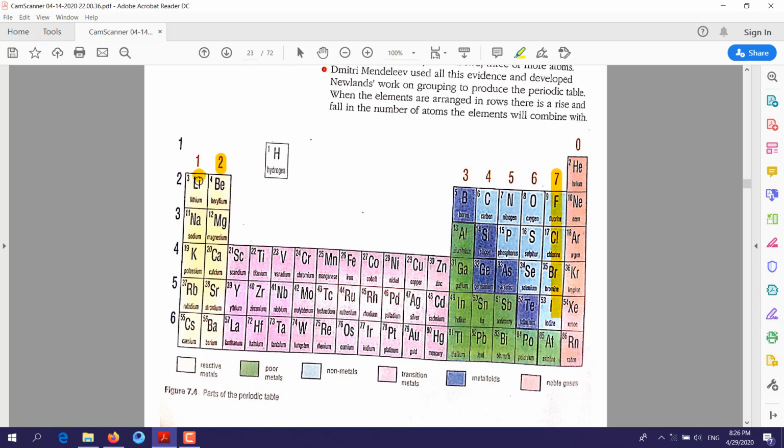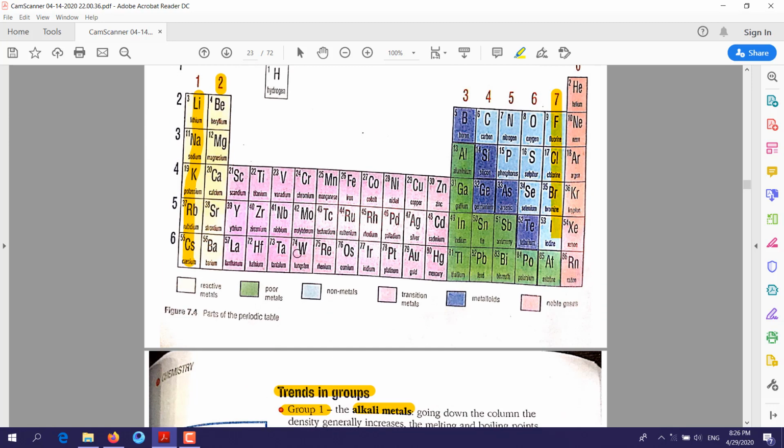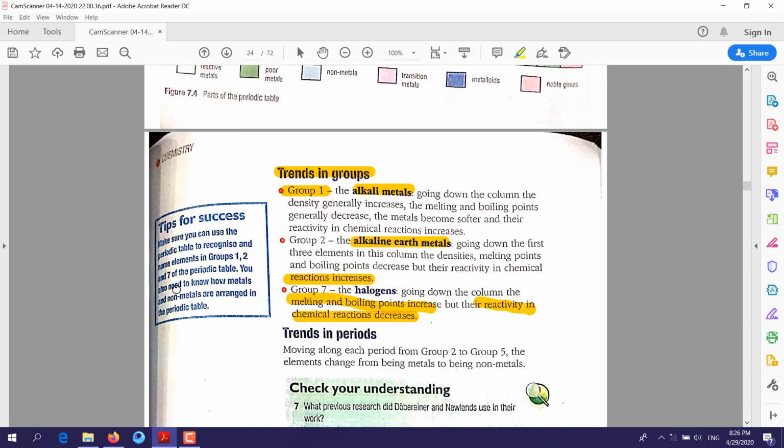In groups, we are talking about a vertical column. Now, trends in periods. Trends in periods means, for example, we will take one horizontal row and see how it changes, or what the trend is.